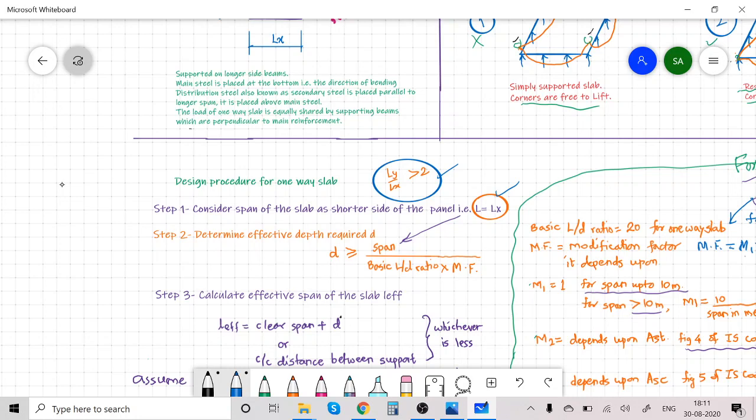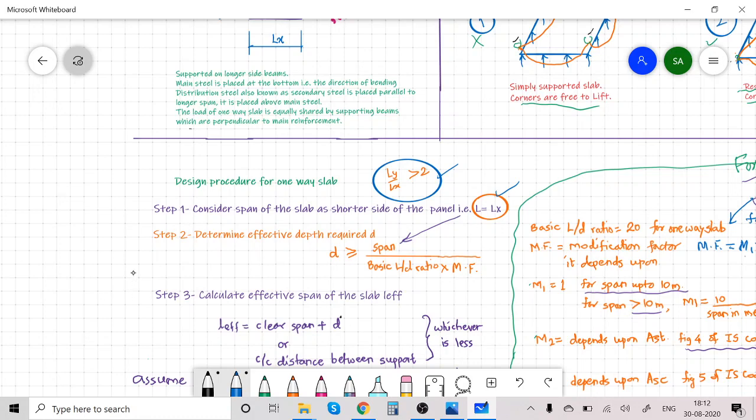Then in the second step, determine effective depth required. So d required must be greater than or equal to the span, which is considered in step number 1, divided by the basic L by d ratio.